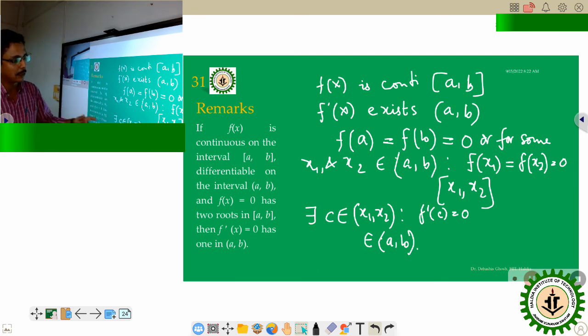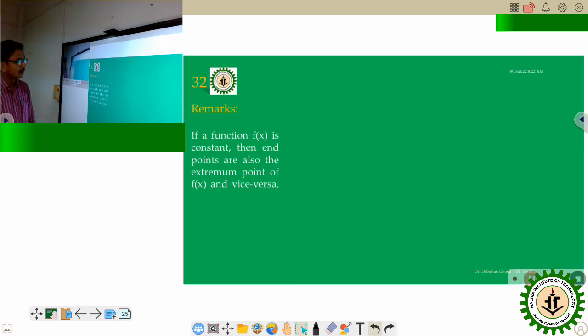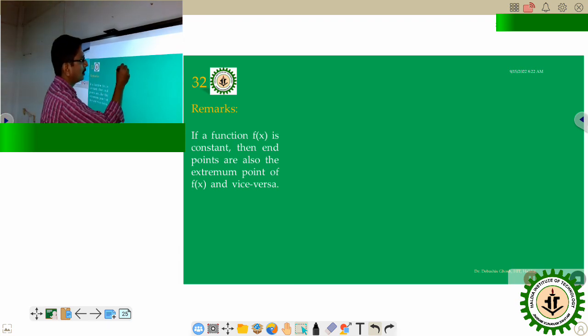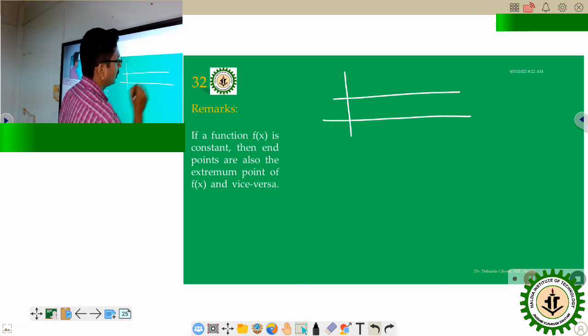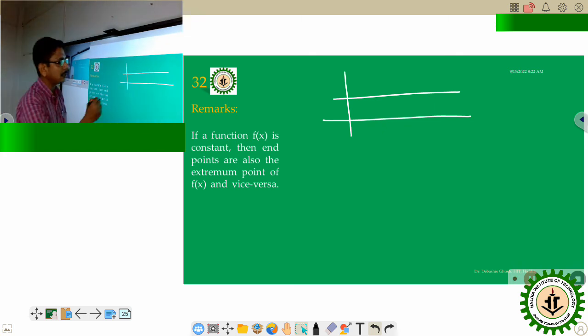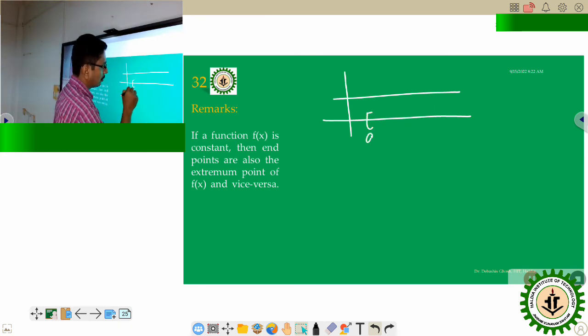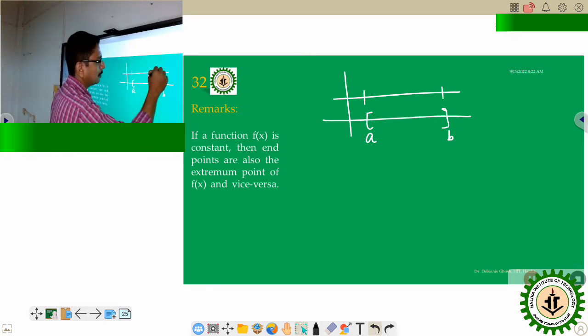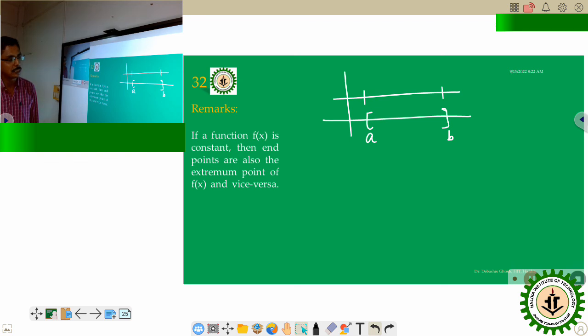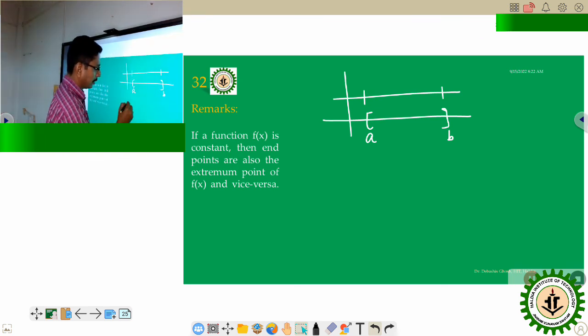Now consider the particular case of a continuous function. A continuous function is single valued over the interval (a, b), and there is no break in the function between a and b. At each point the function's derivative exists, and we know that for a constant function, if f(x) = k, then f'(x) = 0.